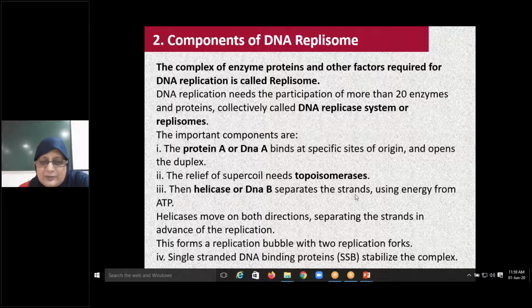The helicase will move in both directions, separating the strands in advance of replication. When the helicase acts, it forms a replication bubble with two replication forks. I'll be showing you in the figure what that is. And then single-stranded binding proteins are also required to stabilize the complex.